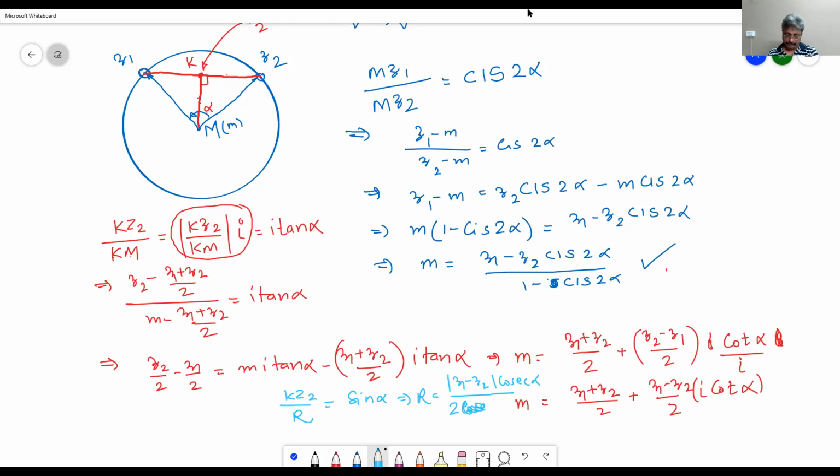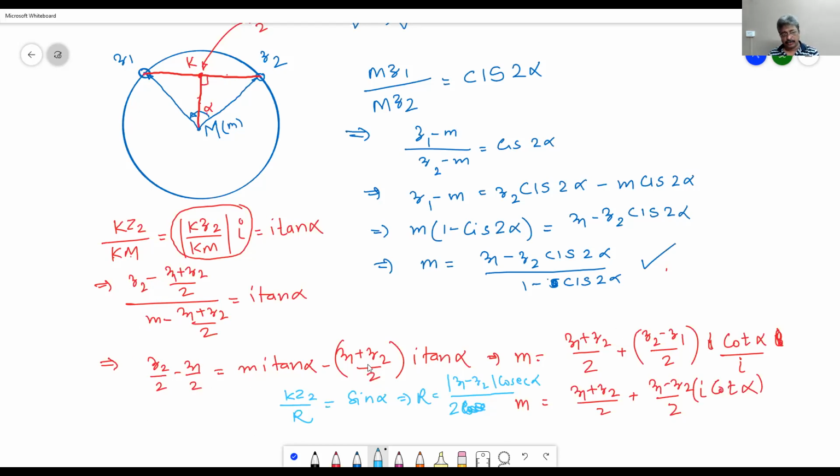Can you please explain the last step again? The last step, radius. Now I want to find the radius. MZ2 is a radius here. KZ2 is half of the distance between Z1 and Z2, so half of Z1 minus Z2 is the distance KZ2. We have done this: KZ2 is Z2 minus (Z1 plus Z2 by 2), which is Z2 by 2 minus Z1 by 2.